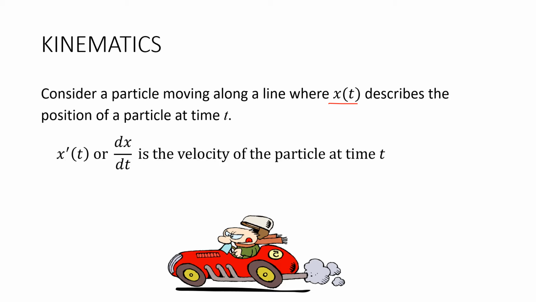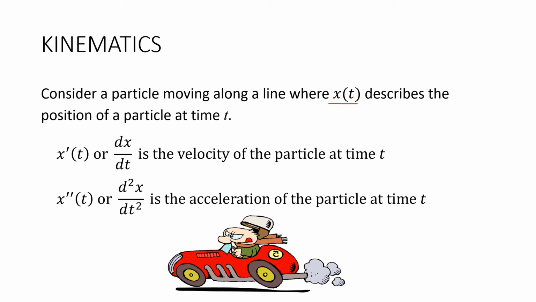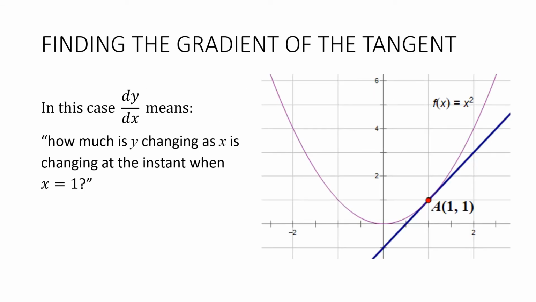So our first derivative would be the velocity of the particle. We can talk about a second derivative. If I did the derivative of velocity, it would mean how much is the velocity changing as time changes, and that's the acceleration. More on that later. In this case, going back to our dy dx, it means how much is y changing as x is changing at the instant when x is equal to 1. That's what that means.